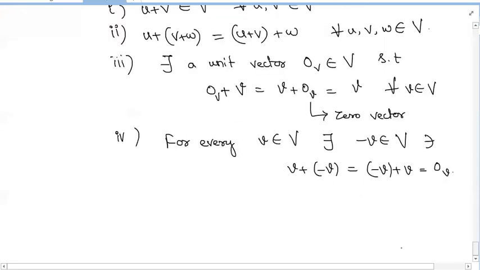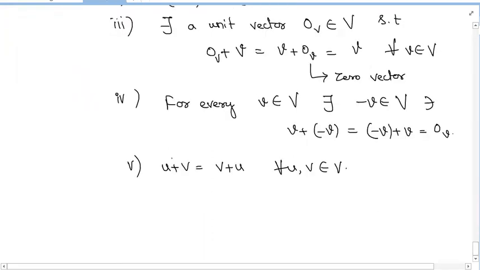And it is commutative, that means u plus v is equal to v plus u. So with respect to addition, we should be an abelian group. And there is scalar multiplication also. Scalar multiplication should satisfy the following properties.